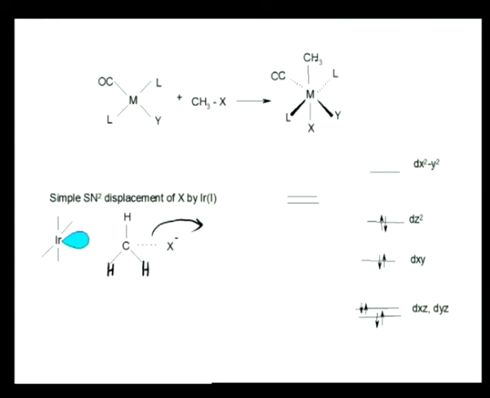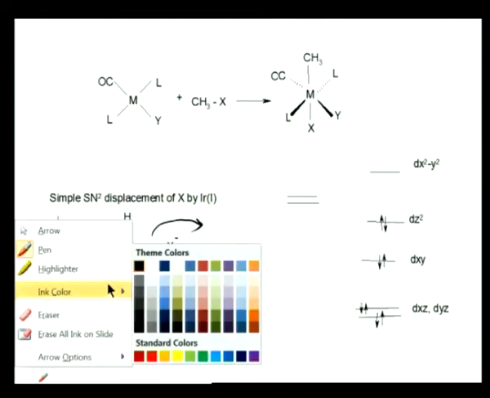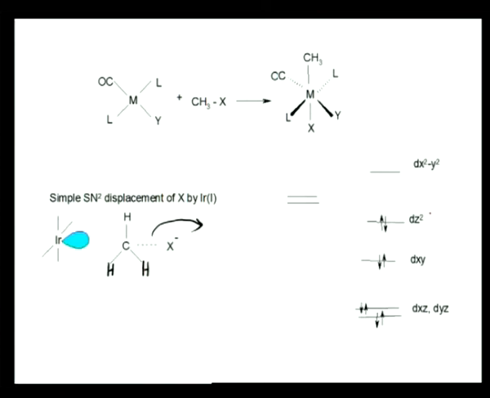If you remember, the splitting diagram for a square planar complex is such that the dx squared minus y squared is the highest lying orbital among the d manifold, and the highest occupied molecular orbital turns out to be the dz squared orbital. The dz squared orbital has 2 electrons, and that is the HOMO.